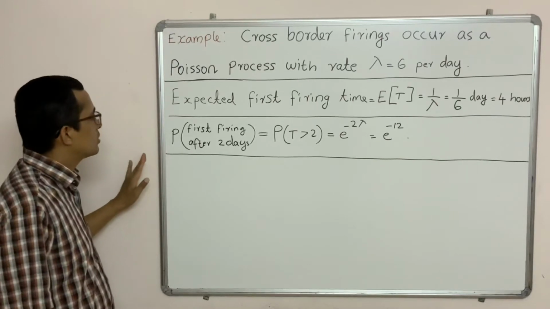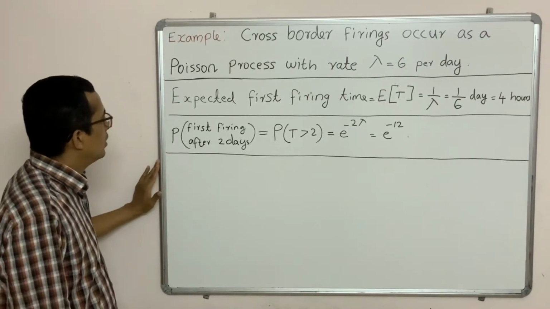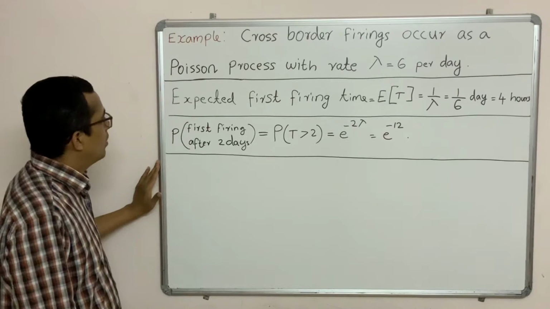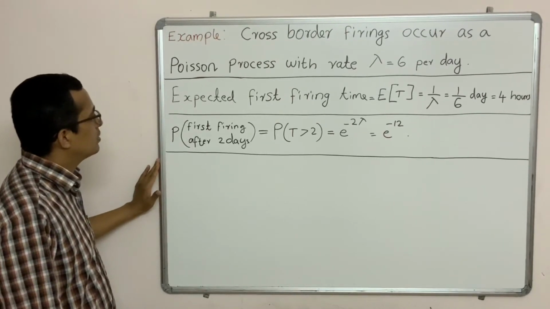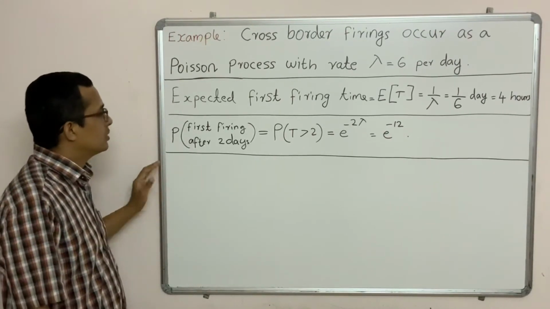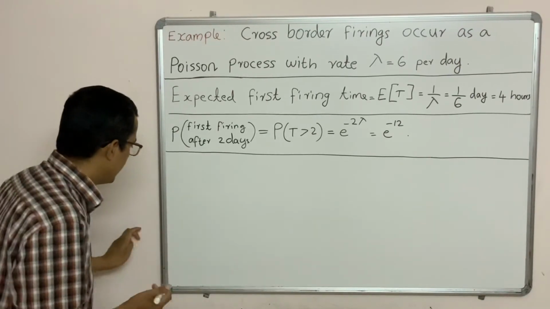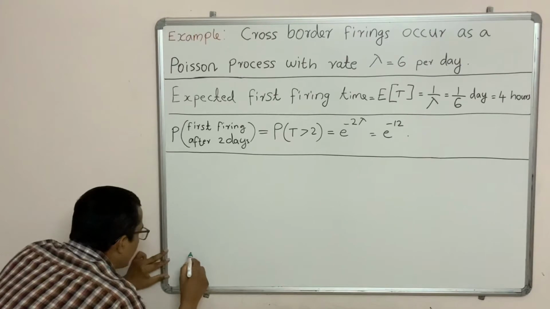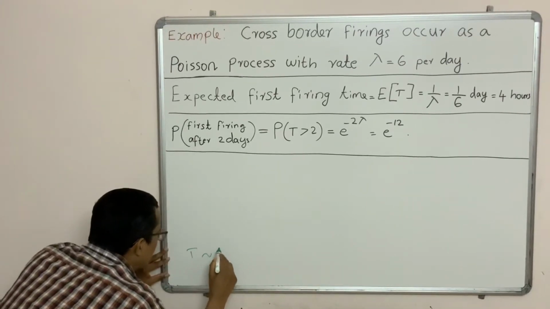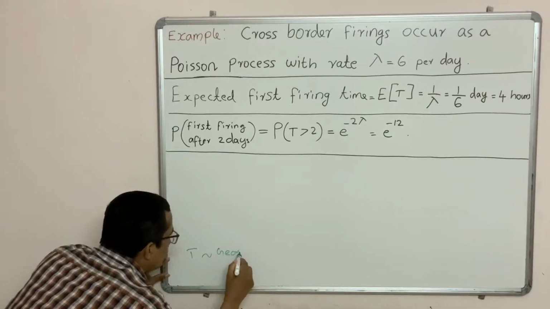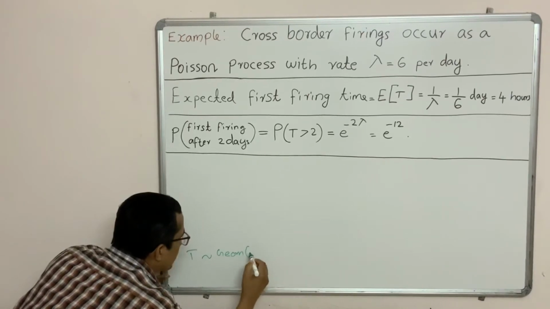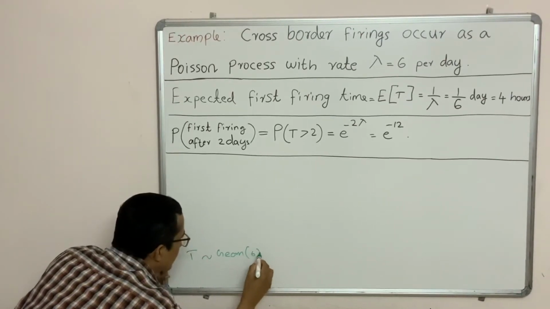Let's also ask the question, what is the expected first firing time? This first firing time, our notation is capital T. We know that because it is a Poisson process, it is geometric with parameter lambda. Lambda is 6 here.